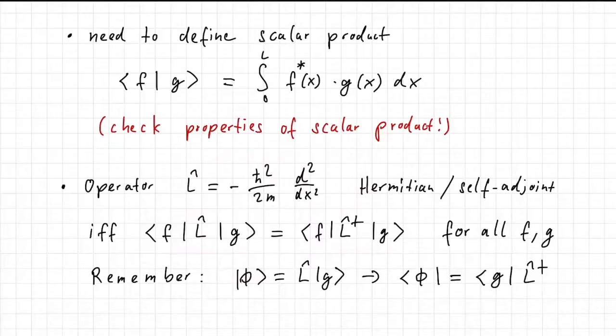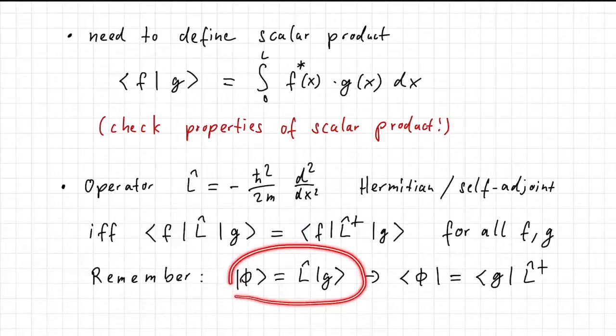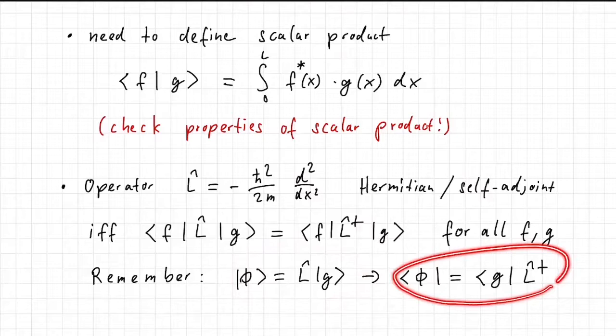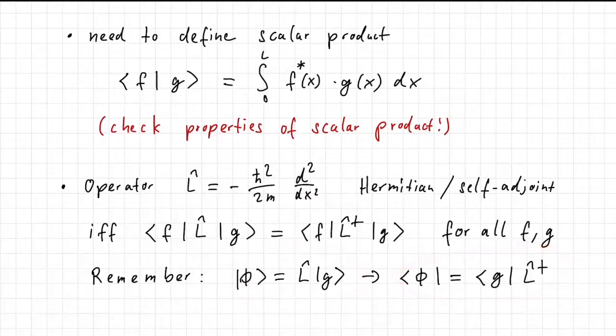Now, how do we actually define the adjoint here? For that, I refer you back to how we defined the adjoint formally in the Hilbert space lecture. So if we have some state phi, which is generated by acting with L on G, then if I take the bra vector, this corresponds to the Hermitian adjoint acting on the bra vector G. What this means for us is that normally this operator, when it acts on a ket vector, would act on this function here in the scalar product.